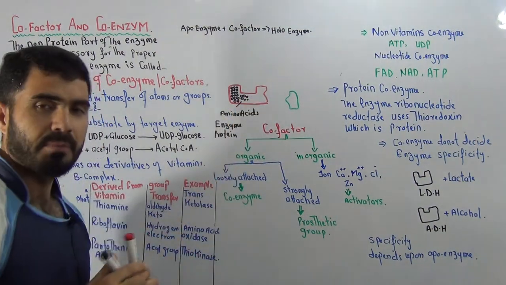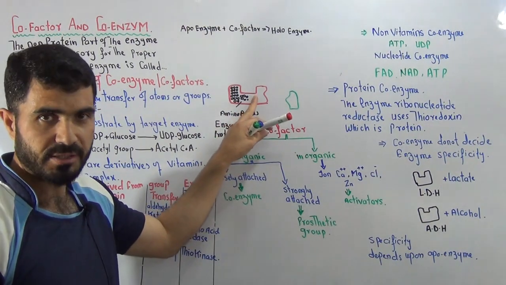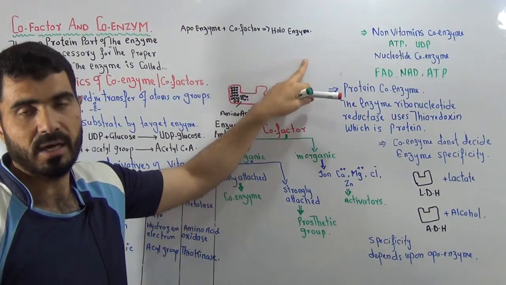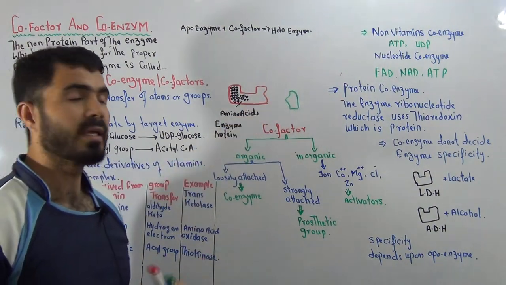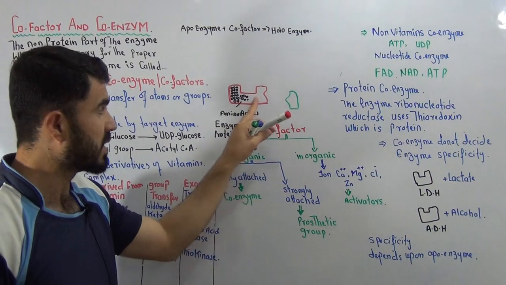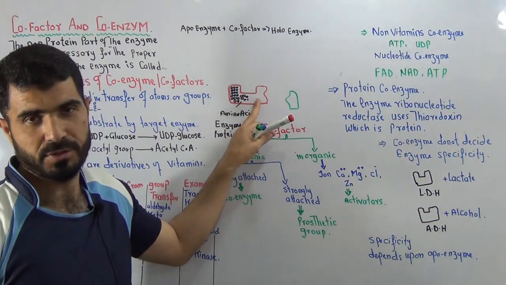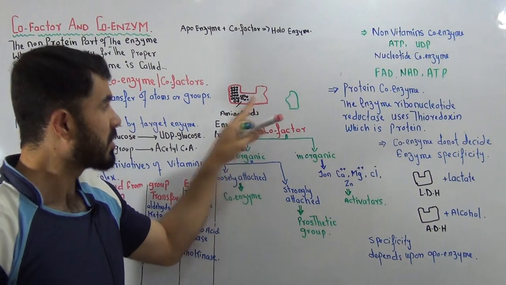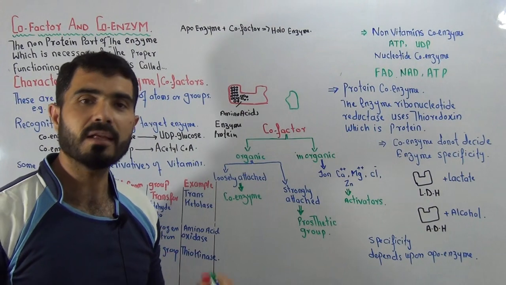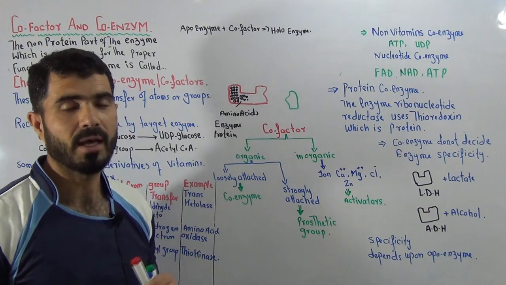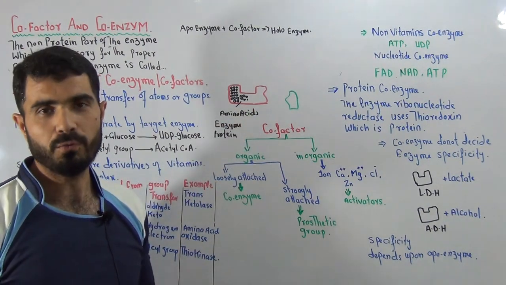In the majority of cases, an enzyme itself can catalyze a chemical reaction very easily. But in other cases, the enzyme alone cannot perform its function. Why? Because such enzymes require another friend, another factor, which is called a cofactor.